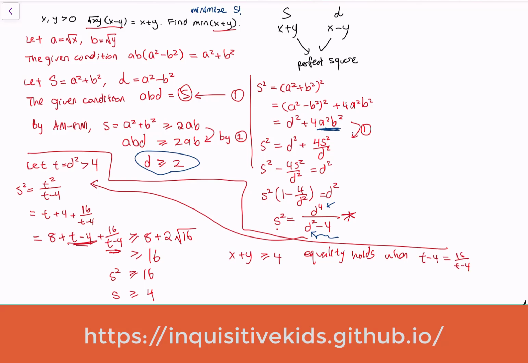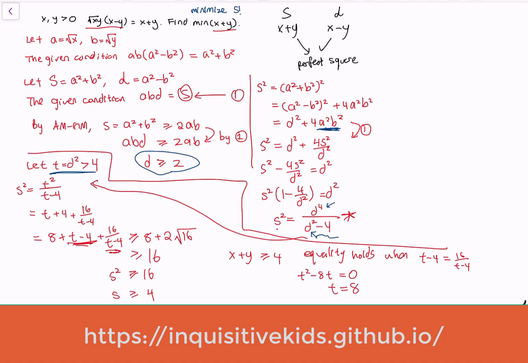We see that this gives us t squared minus 8t is equal to 0. So this means that because t cannot equal 0, remember we said earlier that it has to be greater than 4, t is equal to 8.